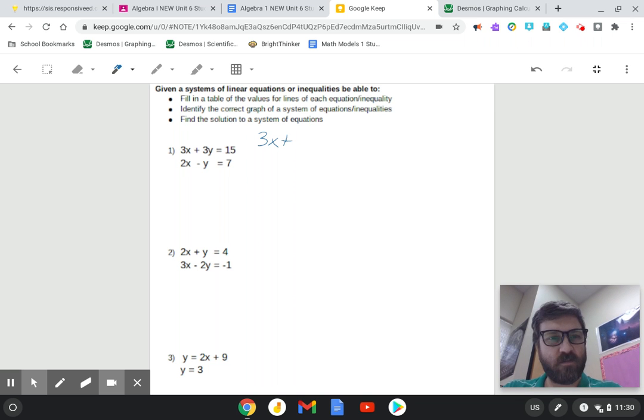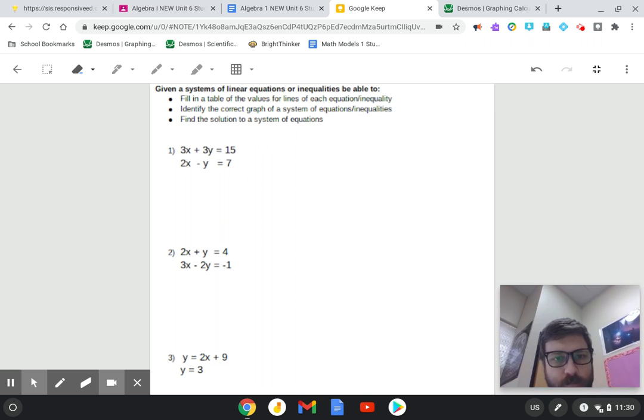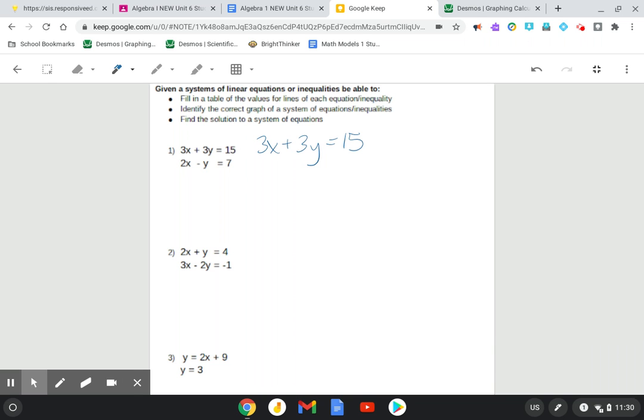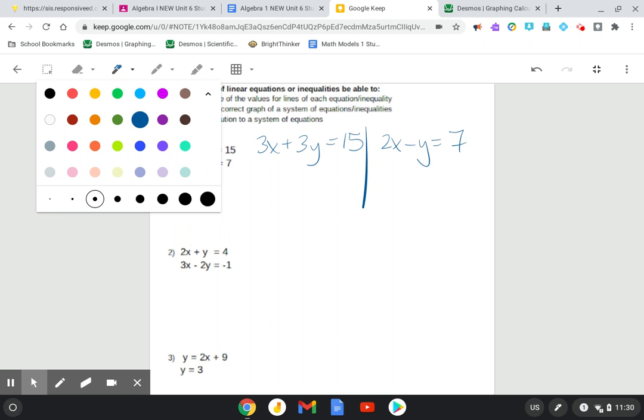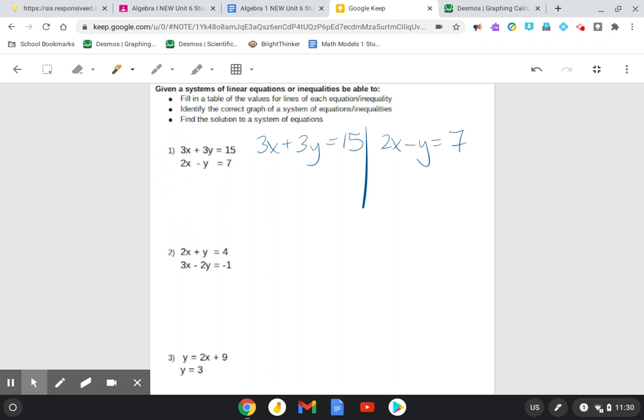Let me start over here real quick. So 3x plus 3y equals 15, and our other equation is 2x minus y equals 7. Remember, we have two basic steps when we are doing this.